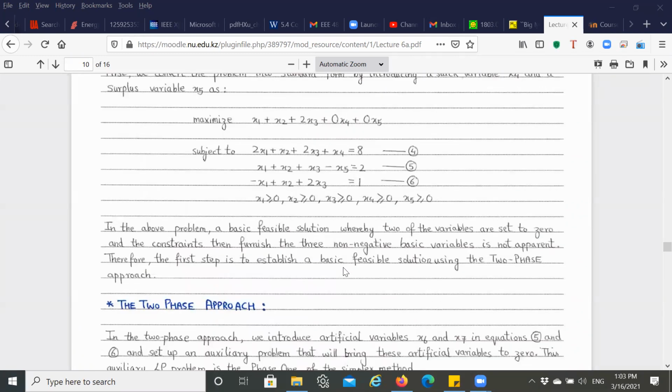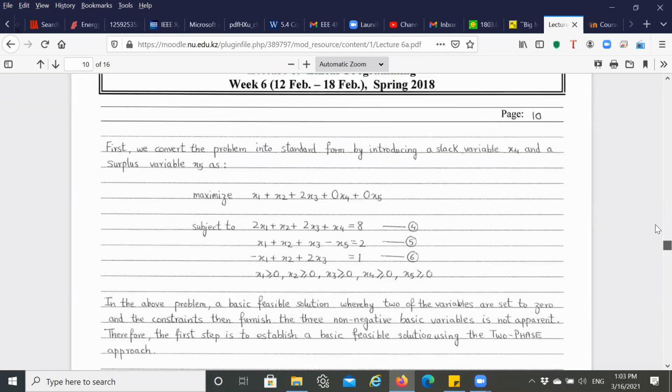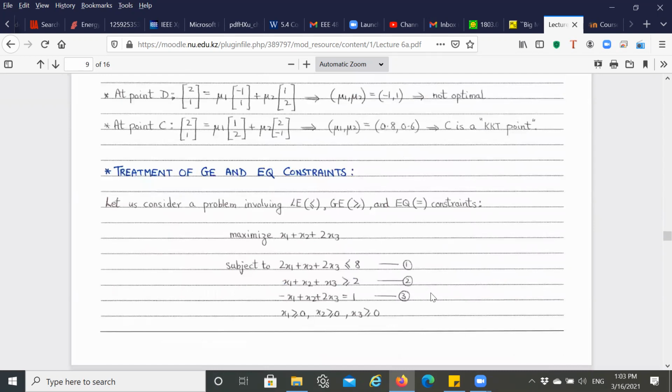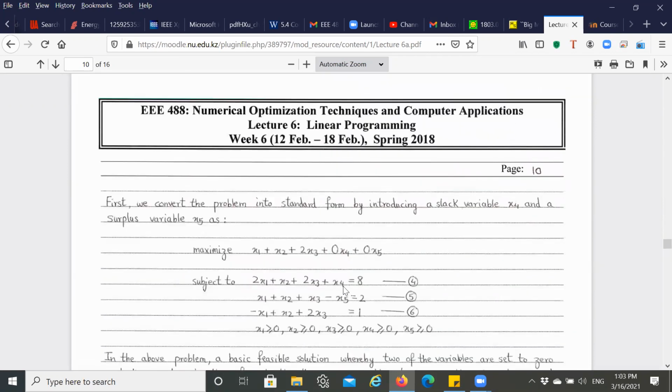Okay, in the 2-phase approach, over here we should add x4, which is added over here.